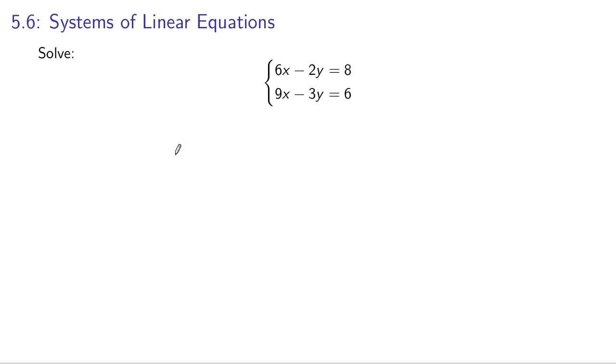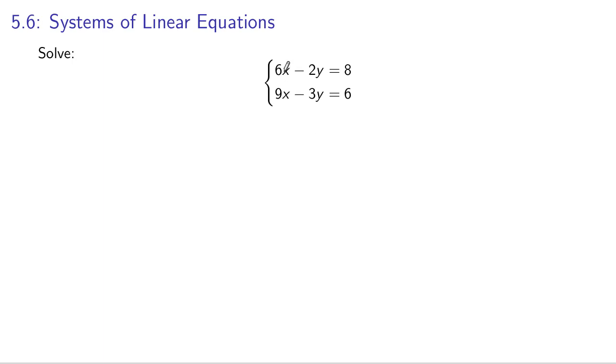Now let's solve this set of equations anyway. Let's practice elimination again. This one's a little tricky because we need to multiply both equations in order to get something that'll cancel.